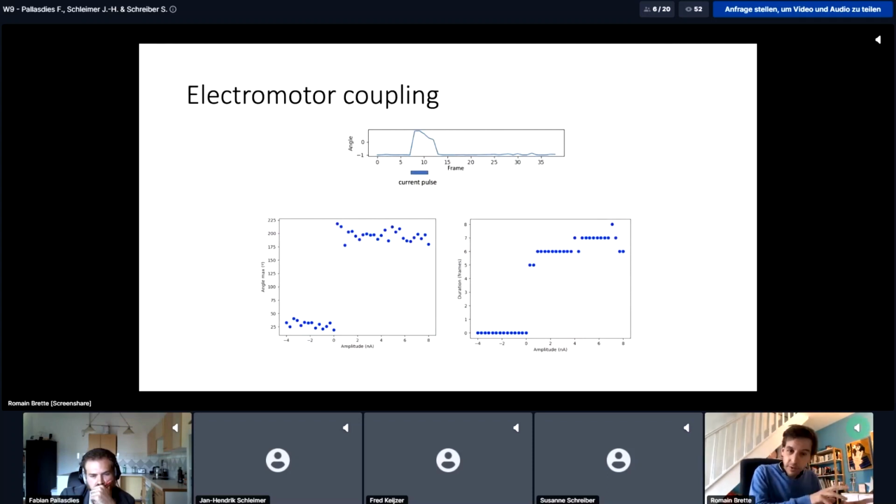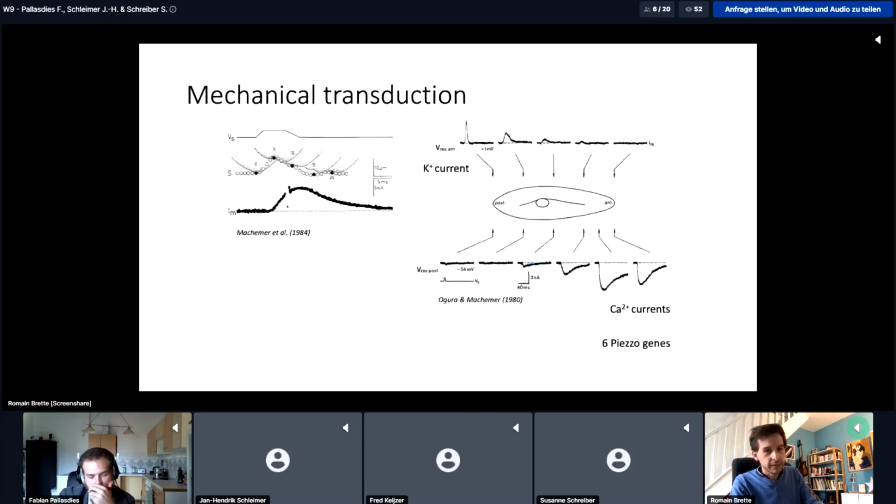So we have ways to measure that, and then the next step is to couple that with the Hodgkin-Huxley model, and specifically with the calcium variable in that model. And finally, and this we haven't started yet, but there is some literature on it, we want to couple the model with models of transduction currents, in particular mechanical transduction.